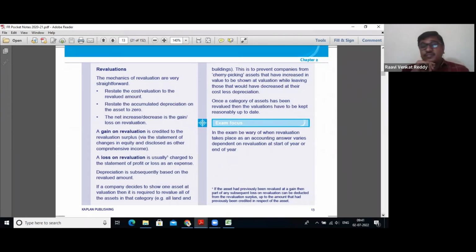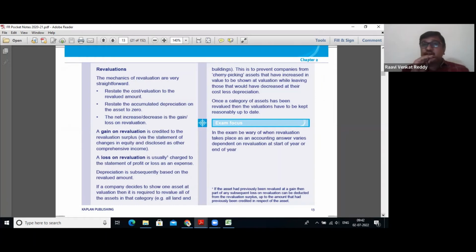But now I cannot get the same land for 1 lakh. Definitely it may go to 5 lakhs or 10 lakhs. It is not appropriate to show the same price in the financial statements.